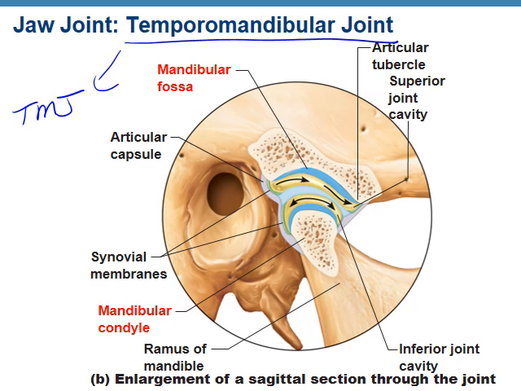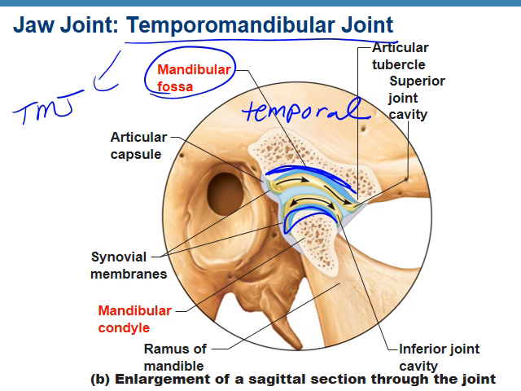They may have inflammation in their TMJ, they may have dislocation of their TMJ, but we all have a temporomandibular joint. You can see the mandibular fossa here. Hopefully we remember where this is. This is a feature of our temporal bone. This is the mandibular condyle of our mandible. So this is your TMJ.